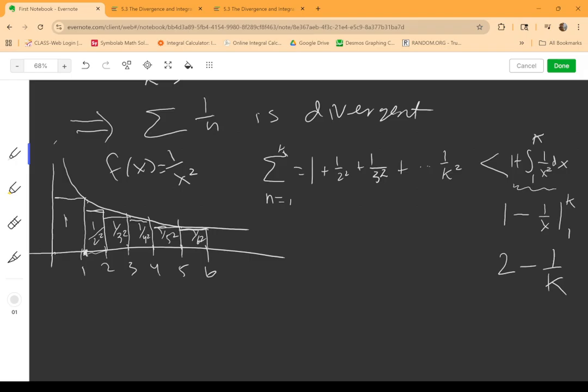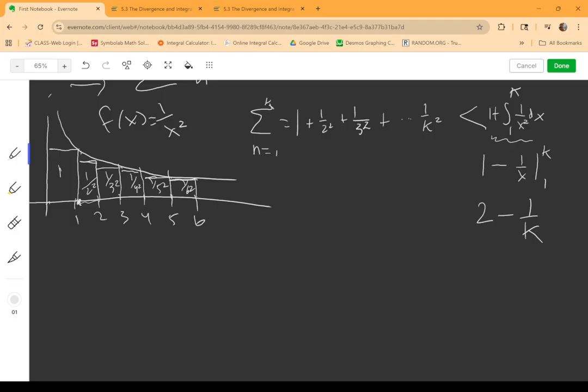All right, so what we have here, let me rewrite this. We have that the kth partial sum, which is the sum from n equal to 1 to k of 1 over n squared, is less than 2 minus 1 over k.